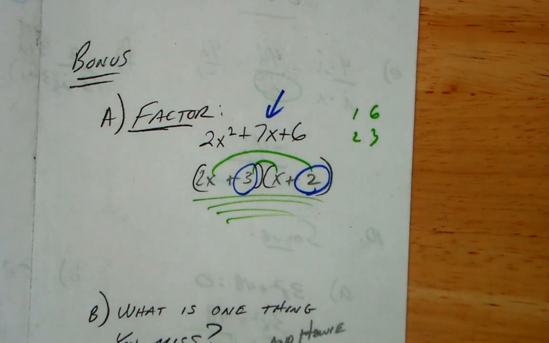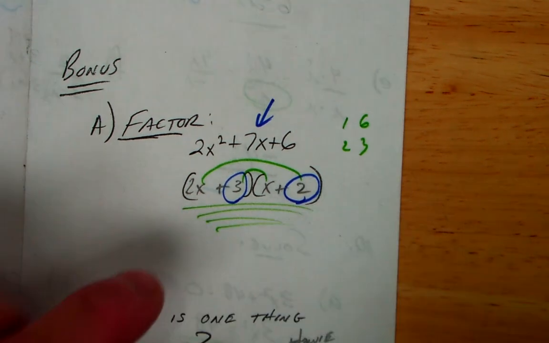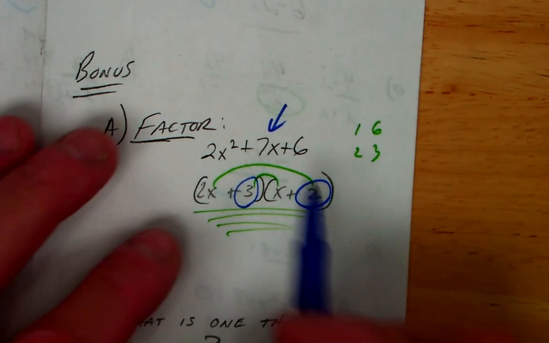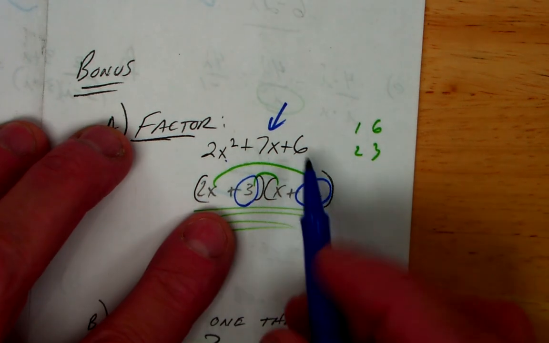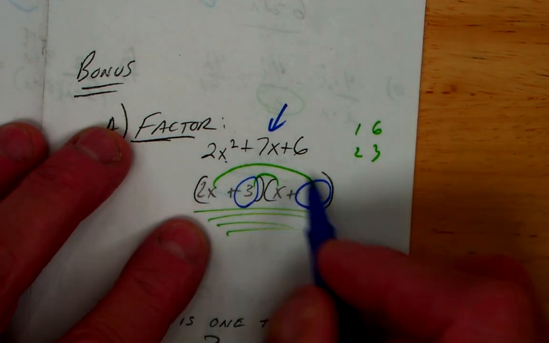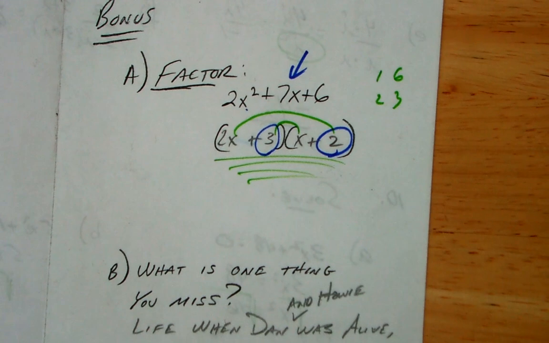You'll see that on Monday. So it's a trial and error. But why does this work? You've got to be able to do this. 2x squared, got it. 6, got it. 3 and 4 gives me 7, so I know that I'm right. If you can't multiply these things together, you're in trouble.